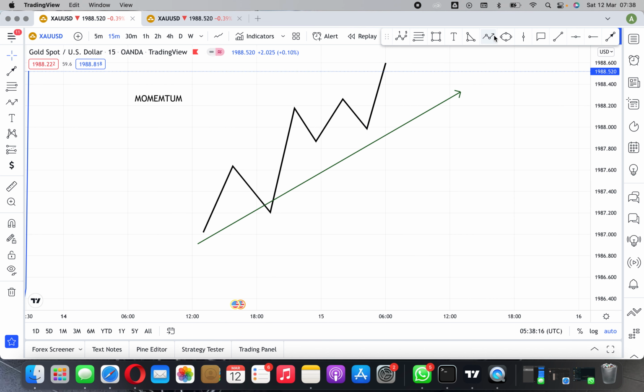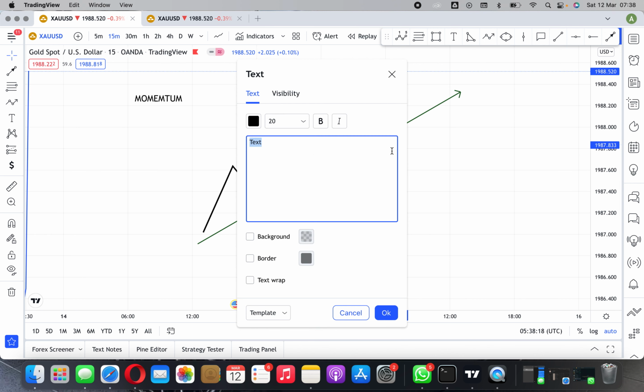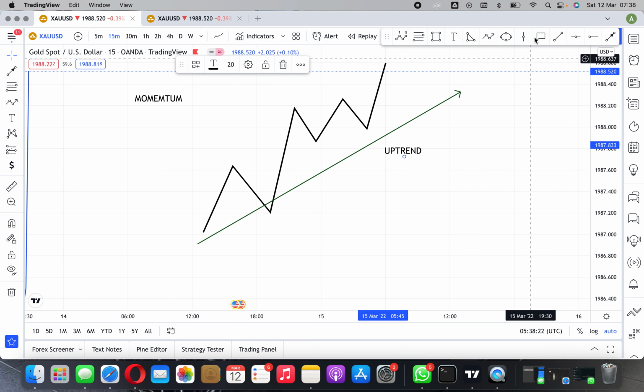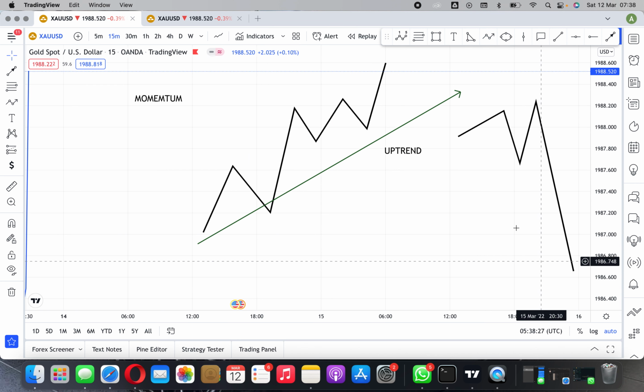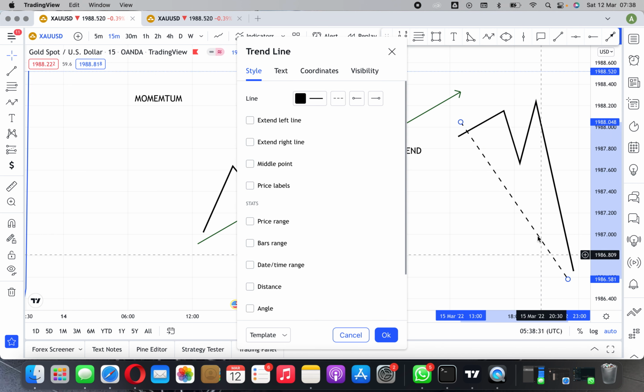I will say the momentum is uptrend. On the other hand, maybe the market is just going like this. The momentum here is what? It's downtrend.